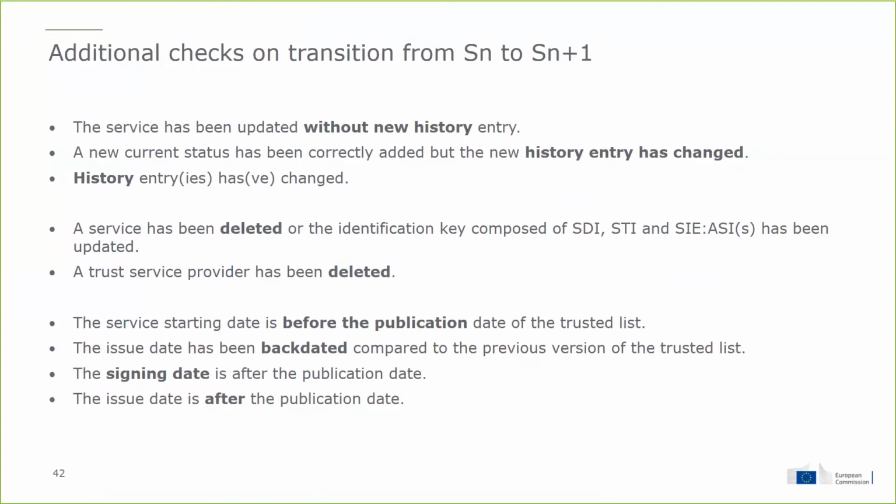You will backdate the creation of a new service, and that could have side effects. Another backdating occurs when the issue date has been backdated compared to the previous version of the trusted list. Of course, this is wrong.